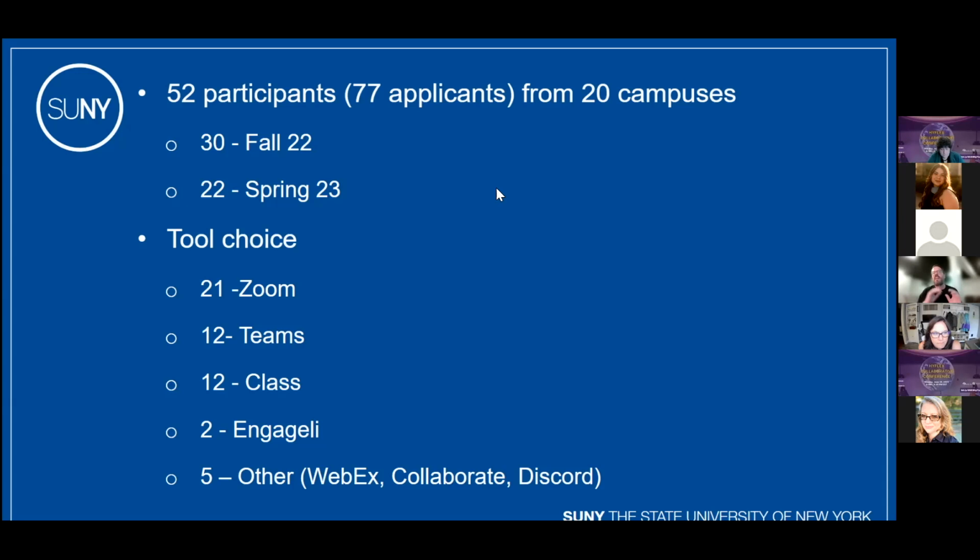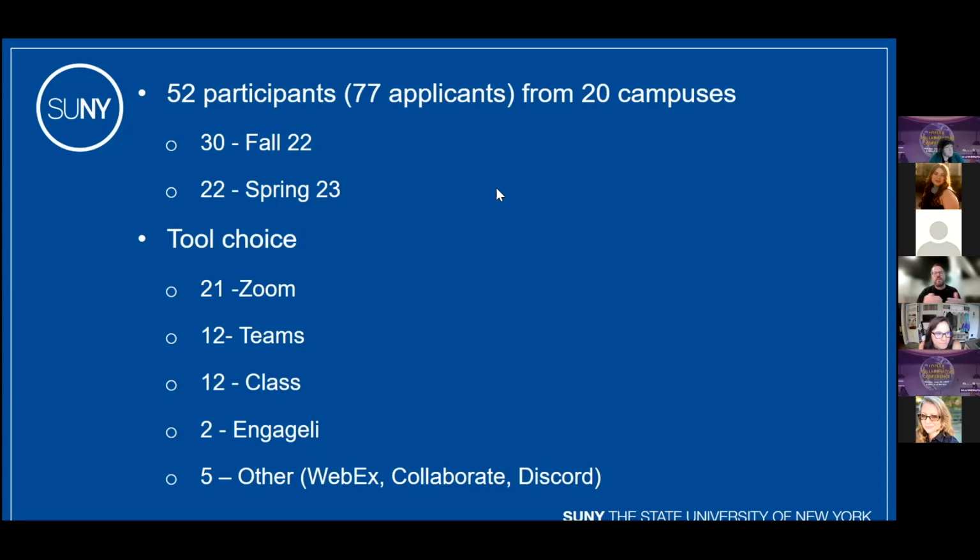So maybe there wouldn't be any async component, just a sync and an in-class component. So we had to rule them out as well for the research purposes. We did apply for an IRB. We put an IRB application in for this study, so we needed to make sure that everybody was teaching their course in HyFlex as defined by SUNY, which is there has to be an option for students to take it in all 3 different modalities.